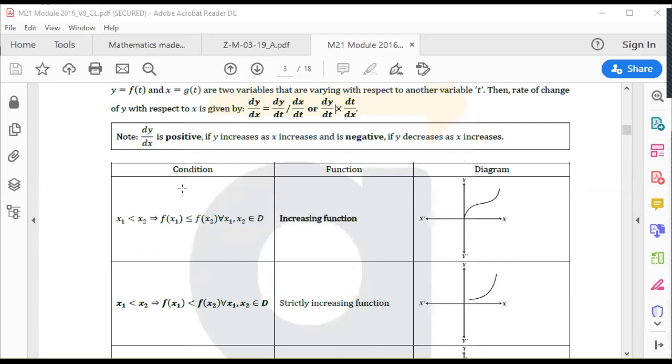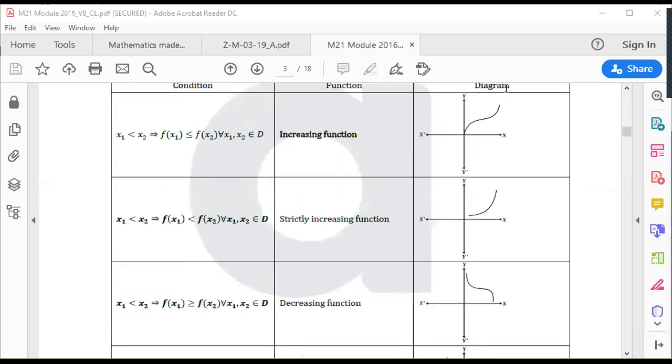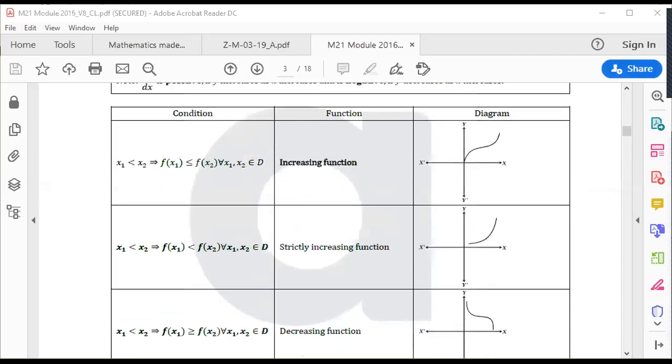Okay. So see over here, increasing function. So what is increasing function? Or let me explain on the board only. Okay. So wait.